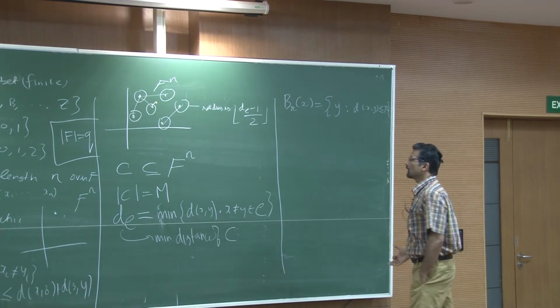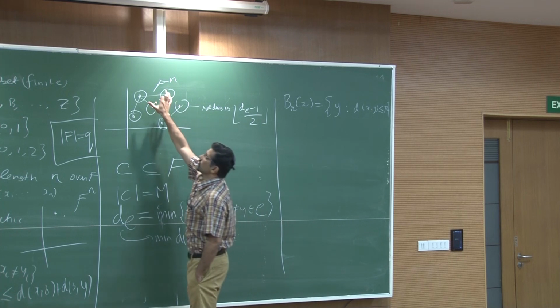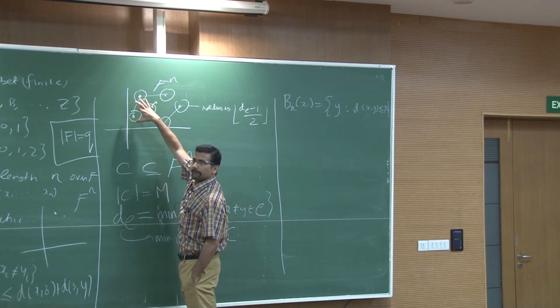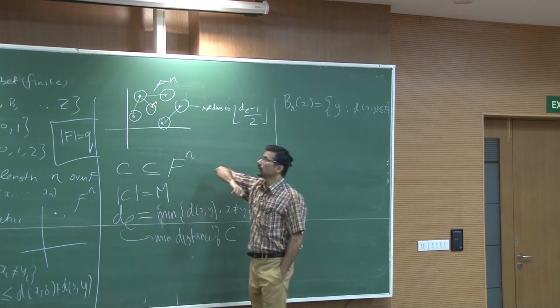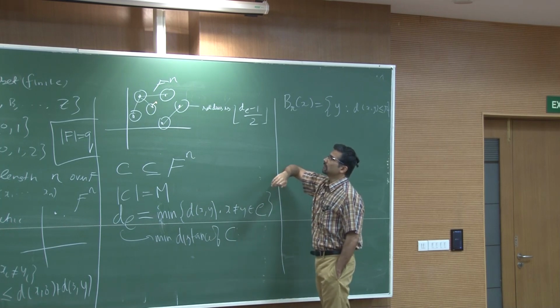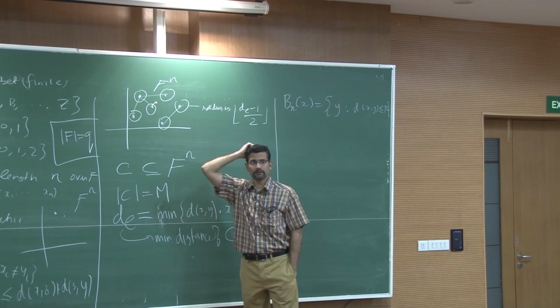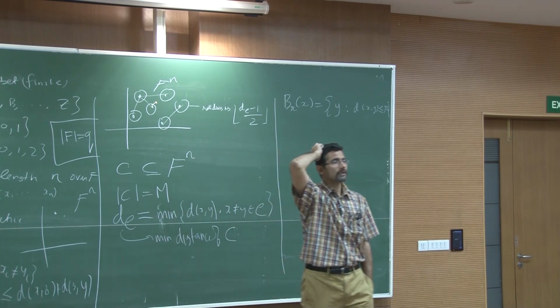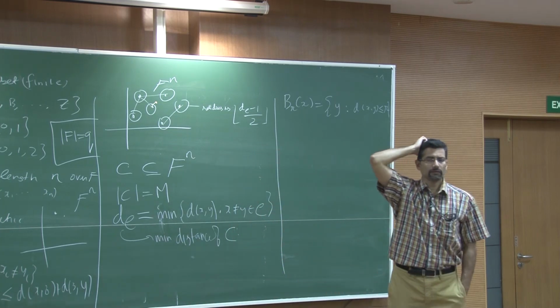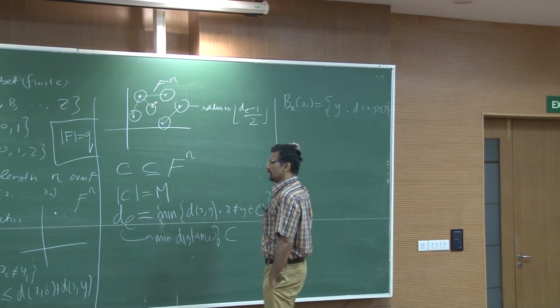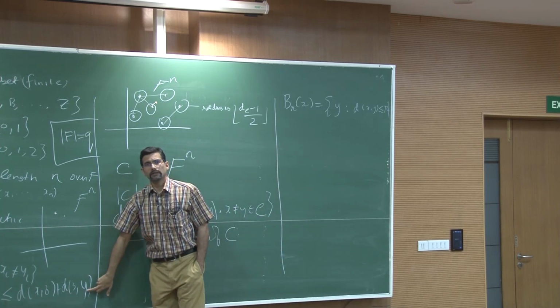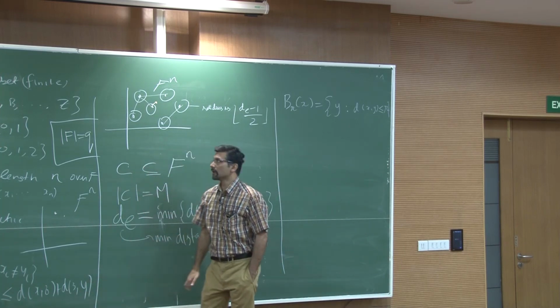Let me repeat again: the smallest of these chord lengths. Do you have any guess about what is the main property of such balls? They are disjoint. And why are they disjoint? It is because of the triangle inequality. That is where the metric property comes in.